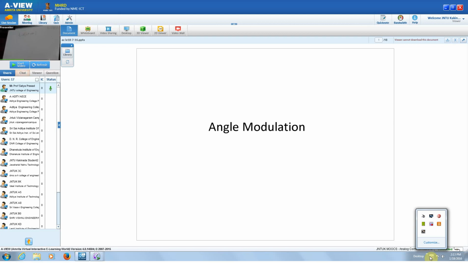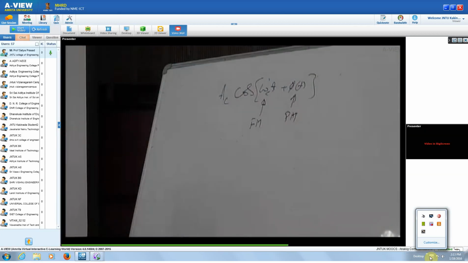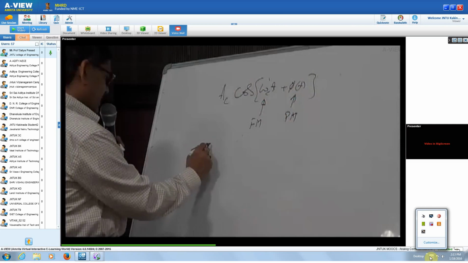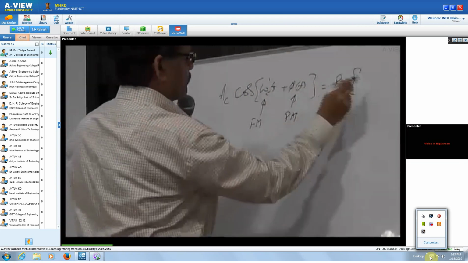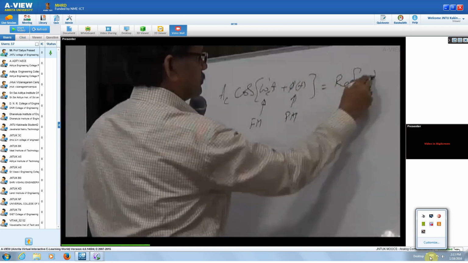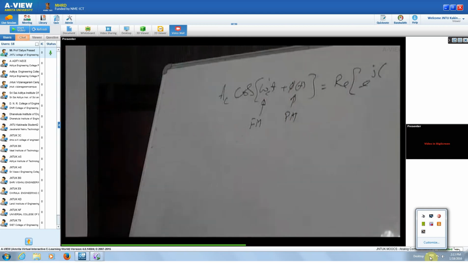When you change the frequency, we say that it is frequency modulation, and when you change the phase, we call this phase modulation. Altogether, you can say that this is the real part of e power j(omega_C t plus phi of t).